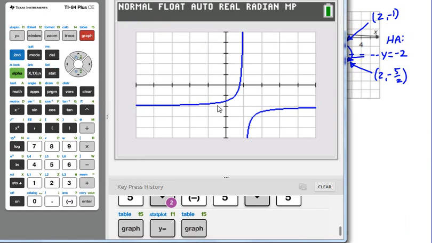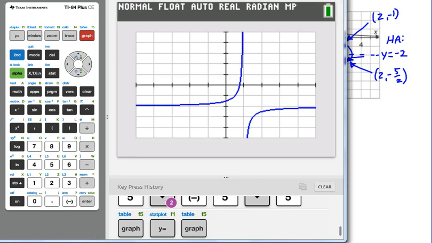We have our horizontal asymptote, y equals negative 2, our vertical asymptote, x equals 1. The reference points that we moved were 0, comma, negative 3 over 2, and then 2, comma, negative 5 over 2. So that's where they went.